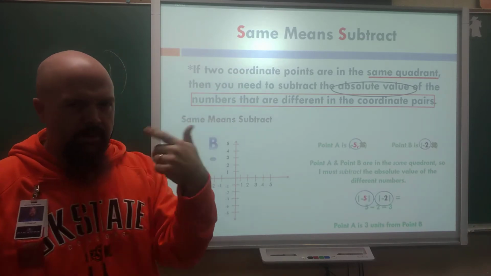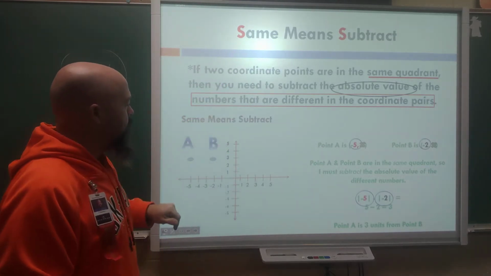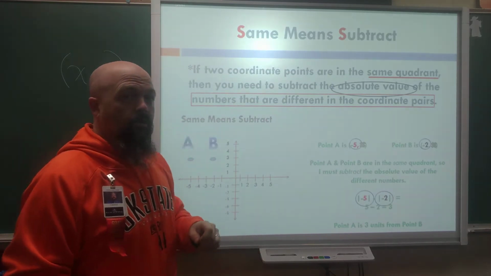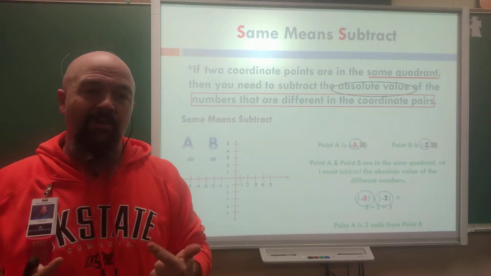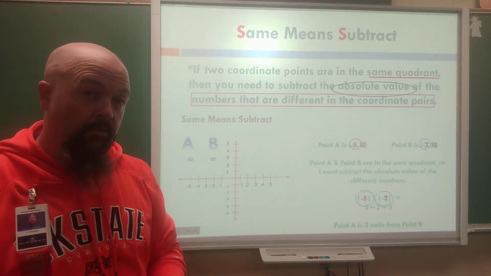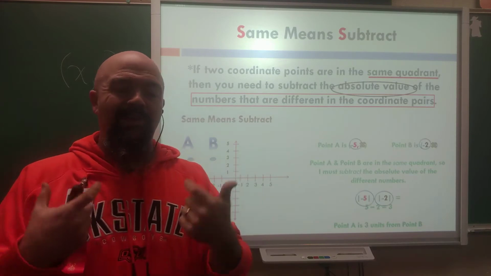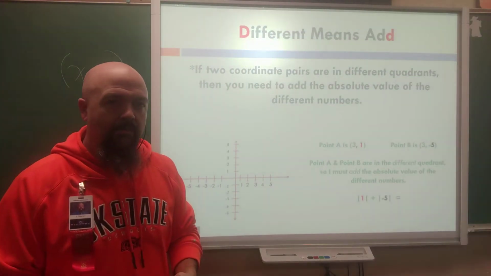Okay, again, all about the process of Mr. Greener. Same means subtract. Same quadrant, we subtract the different values. It really boils down to just that. We get rid of whatever identical coordinate is in the 2 pairs, and then we look at just the unique values. We take their absolute values, and if they are in the same quadrant, we subtract.